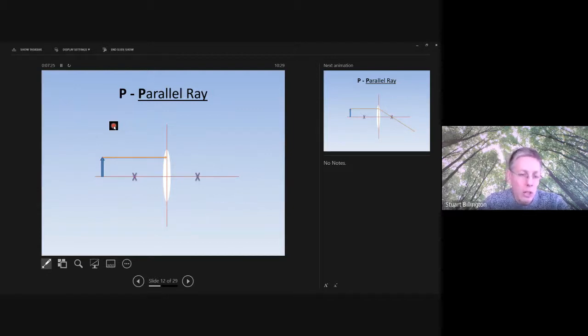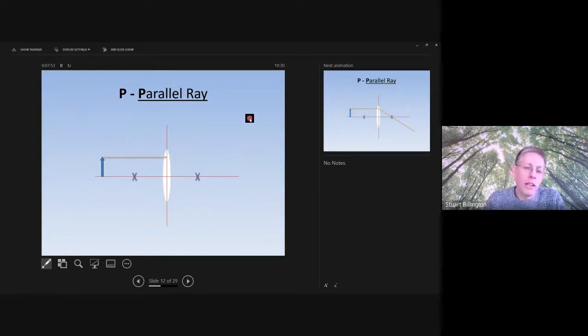Make sure that you draw that line parallel to the principal axis. If you are off by even half a degree, this diagram is not going to work. When you hit the lens, the rule is that any ray of light that hits the lens traveling parallel to the principal axis, like this one, passes through the focal point.